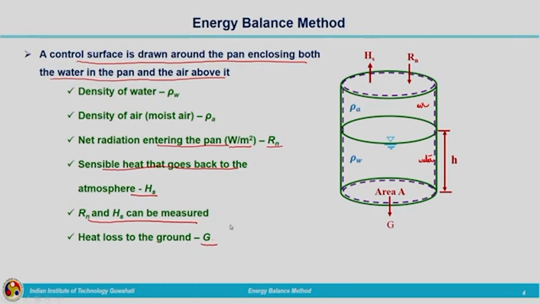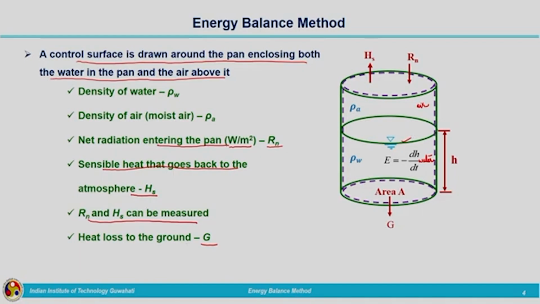So, Rn is the radiation heat energy which is entering the pan, Hs is the sensible heat lost to the atmosphere, and some amount, approximately, we are giving the notation G, which is going into the ground. So, these are the different parameters which we are considering, and when we are talking about evaporation, the water level will be reduced.